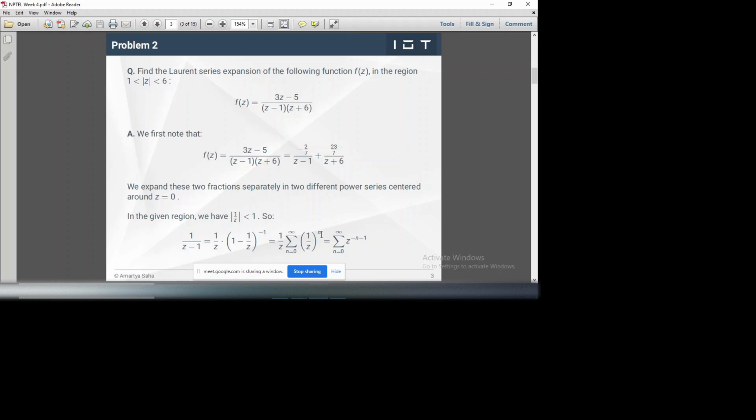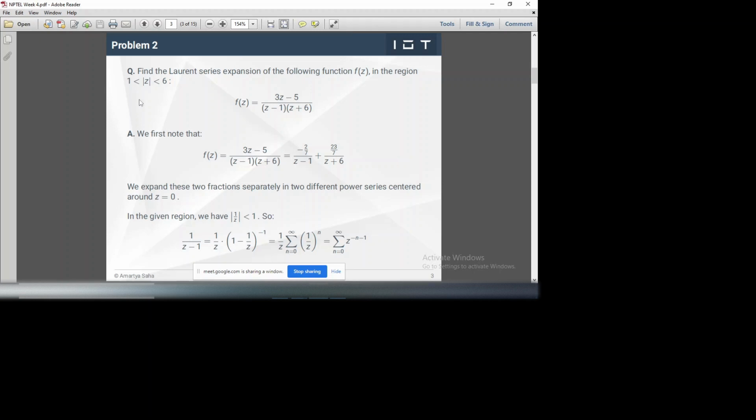this function is analytic in the given region. And since it is analytic as a function of 1 by z, it is analytic also as a function of z. So please don't be confused with the occurrence of negative powers of z, because in this given region the point 0 is already excluded.